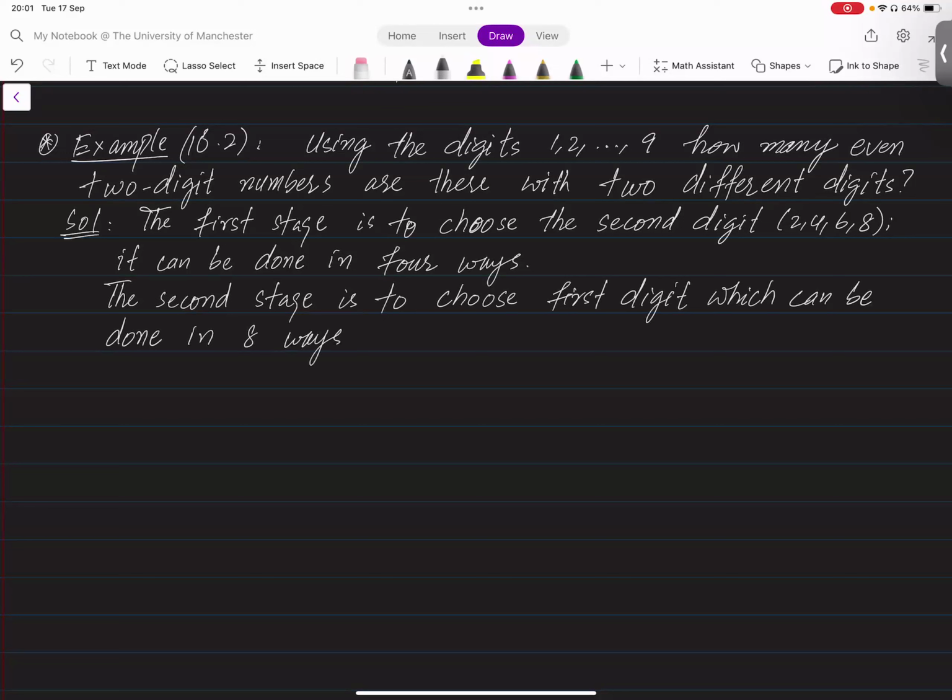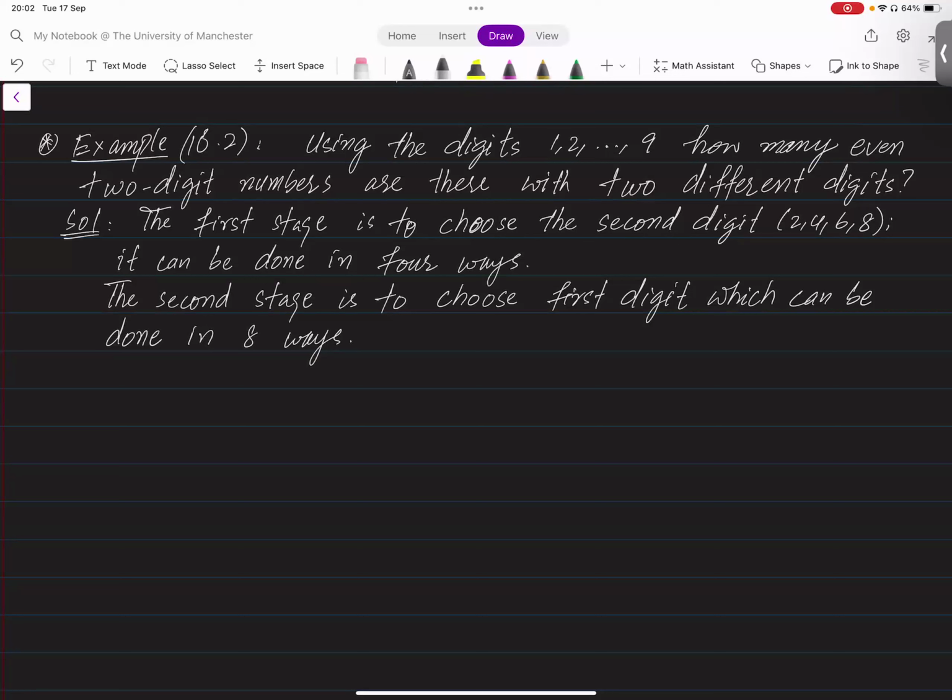Now you must be thinking there are 9 numbers, why are there 8 ways? Because we need to choose two different digits. So if you have chosen 2, 4, 6, or 8 as the second digit, you can't choose it as the first digit. For example, if you have 2 in the second digit, you can't have 2 in the first digit, so you will have any other digit except 2. So from these 1 to 9, there are 8 ways.